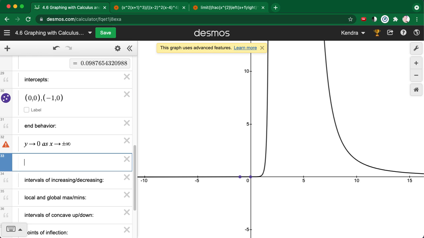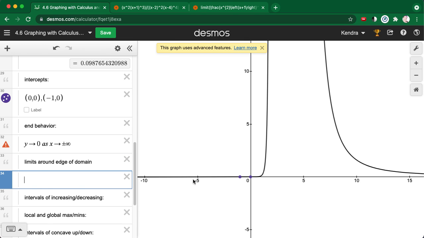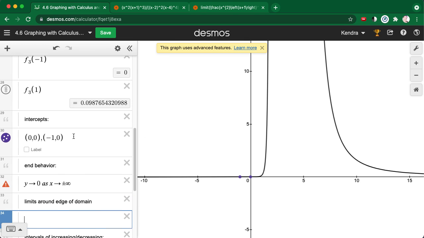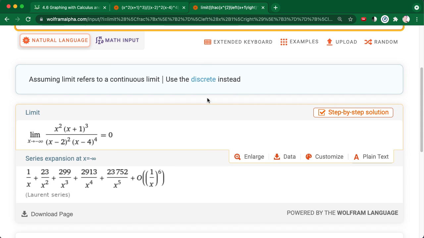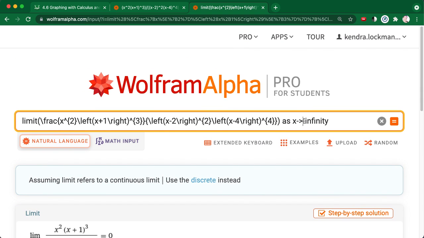I also wanted the limits around the edge of the domain. So we want the limit as x approaches 2 and as x approaches 4. So let's go back here, as x approaches 2.